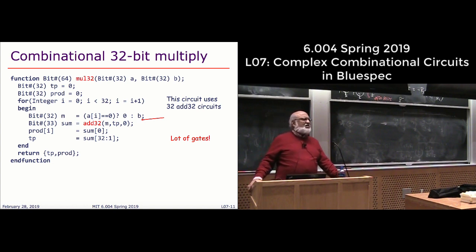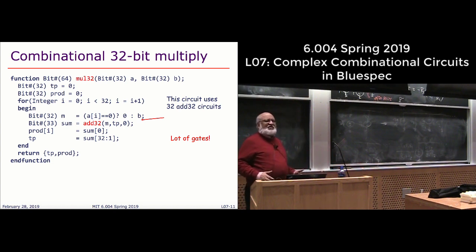Of course, this is going to need some practice for you. Let's think about this a little bit. This circuit uses 32 Add32 circuits. Pretty soon we are beginning to design big circuits here, right? Do you agree that this is lots of gates?